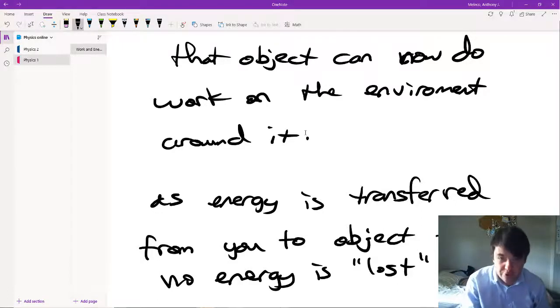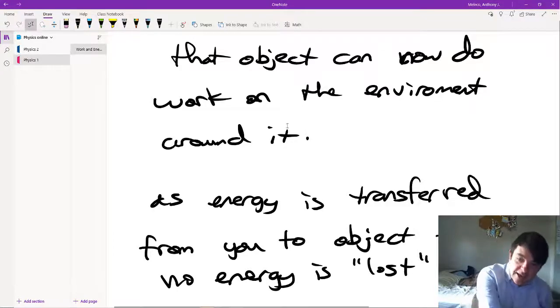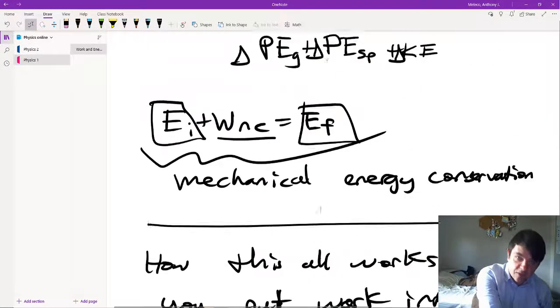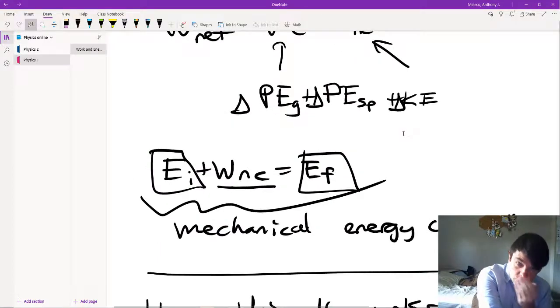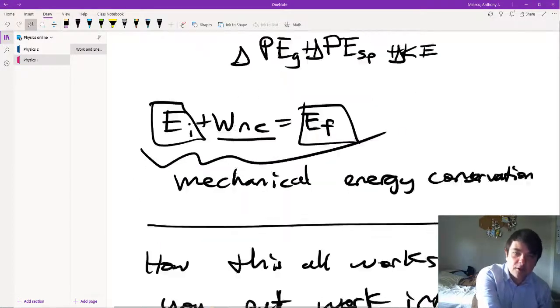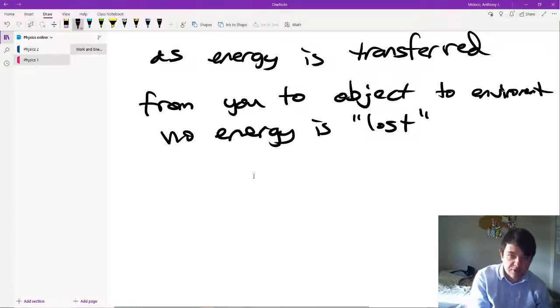In other words, there's energy conservation. So you push an object, that object now moves, does stuff around it, and then it can do work on other things. That object won't lose energy because it's all accounted for. The energy initial will equal the energy final if there's no non-conservative work.